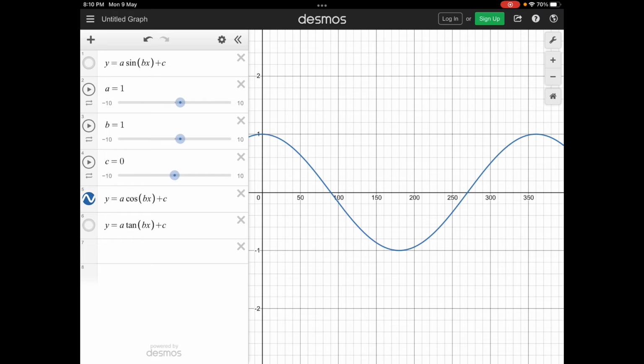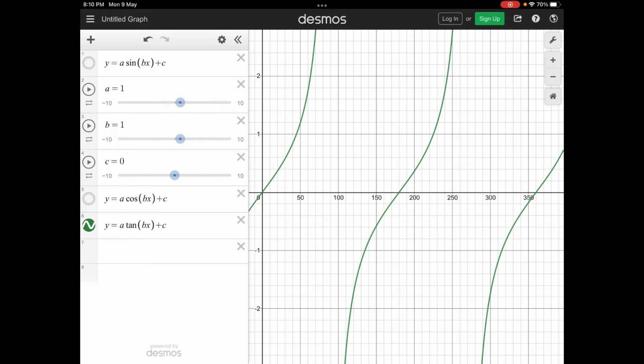Okay, let's look at the final graph, which is tan. Now tan is slightly different to the other two graphs in the sense that if we have a look at the value for A, tan doesn't really have an amplitude, right?